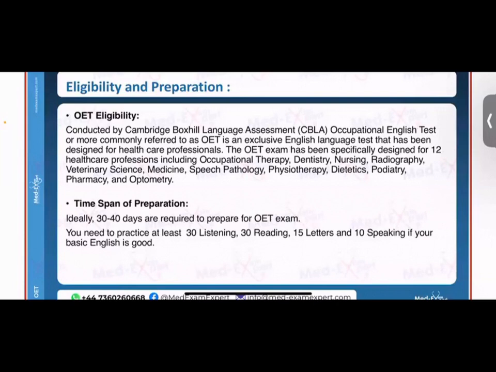It definitely depends upon your stamina, whether you are able to cover the whole syllabus in 30 days. But ideally, if you are spending more than 30 days or less than 30 days, then you may get in trouble. The ideal time is 30 to 35, or 40 days at maximum, for preparation of this exam.